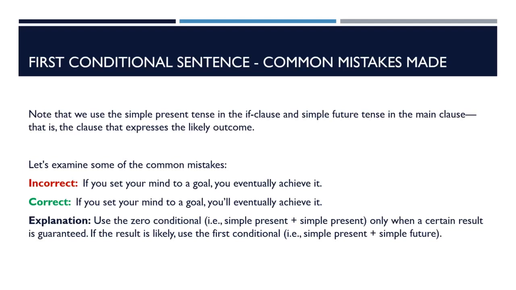Correct sentence: if you set your mind to a goal, you'll eventually achieve it. Use the zero conditional, for example, simple present plus simple present, only when a certain result is guaranteed. If the result is likely, use the first conditional, for example, simple present plus simple future.